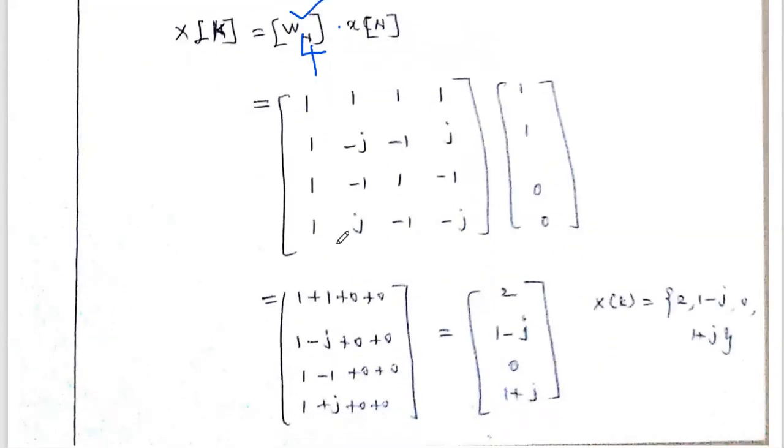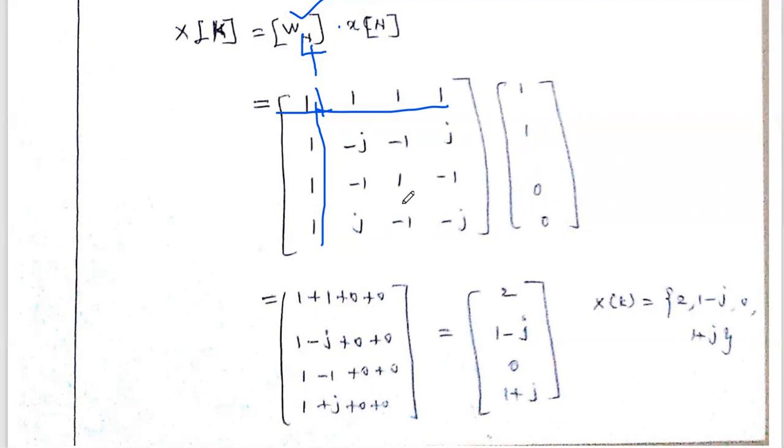Here you see this twiddle factor: the first row and the first column, all values are 1, 1, 1, 1. So how to remember this twiddle factor? The 4 by 4 twiddle factor means the first row is full of ones and the first column is full of ones. Except these values, the remaining part is a 3 by 3 matrix.